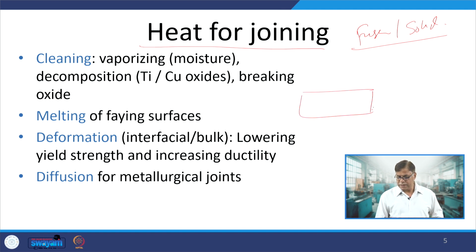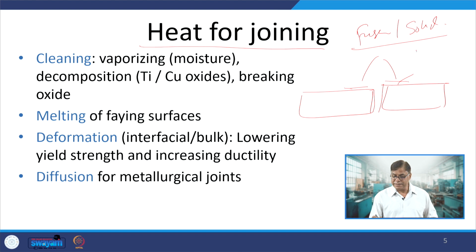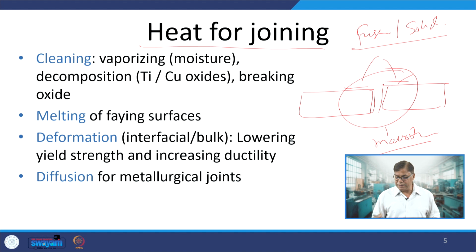Like, say, this is the component, and when we apply heat from the external heat source, the faying surfaces as well as the zone which is being heated will be experiencing the thermal decomposition of the constituents which are present in the area being heated. It may be in the form of moisture, if it is present then moisture will be eliminated. If hydrocarbons in the form of oil, paint etc. are present, then they will be thermally decomposed, and many times a few oxides also decompose.